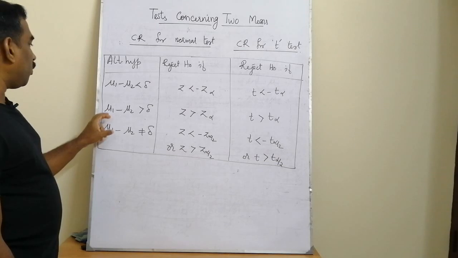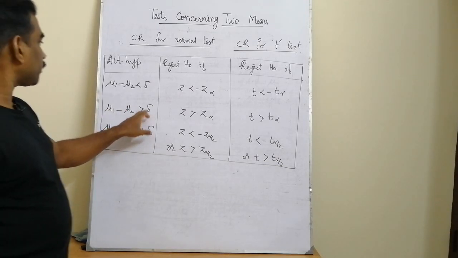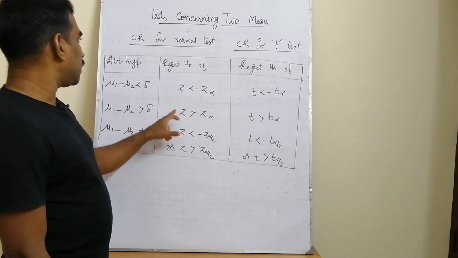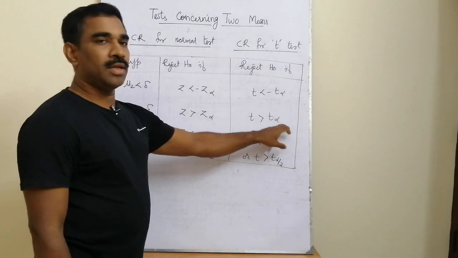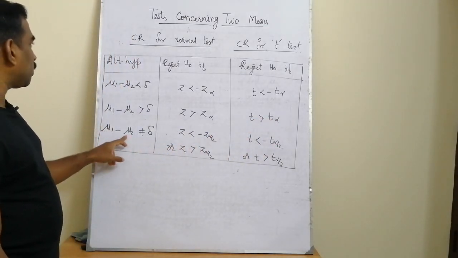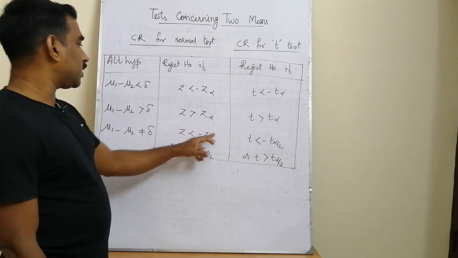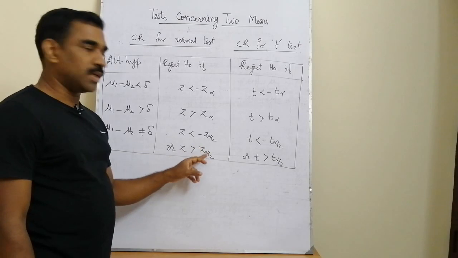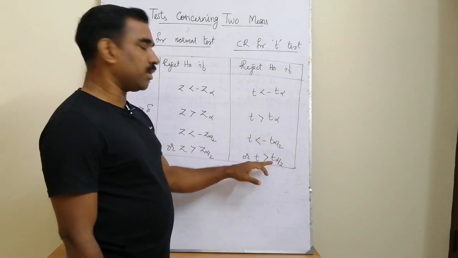Similarly for mu1 minus mu2 greater than delta, reject the null hypothesis if z greater than z alpha, and for the t test if t greater than t alpha. For the two-tailed alternate hypothesis mu1 minus mu2 not equal to delta, reject the null hypothesis if z less than minus z alpha by 2 or z greater than z alpha by 2. For the t test it is t less than minus t alpha by 2 or t greater than t alpha by 2.